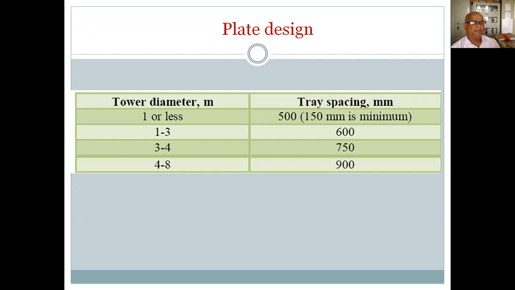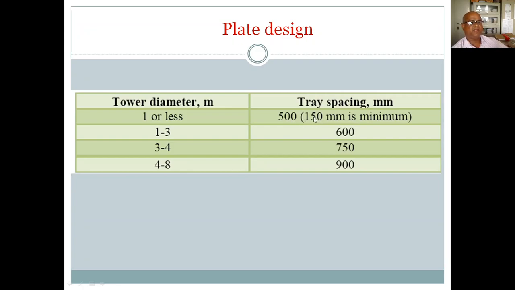In plate design, the tower diameter in general, when the vessel diameter is 1 meter, which means 3 feet or less, the tray spacing is between 150 to 500 millimeter.